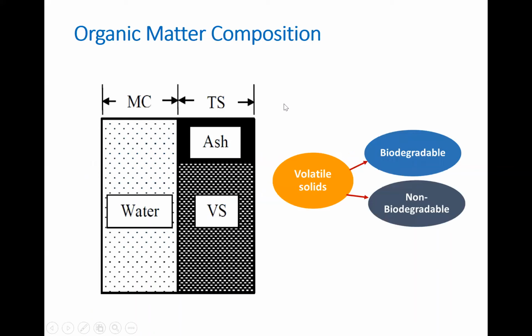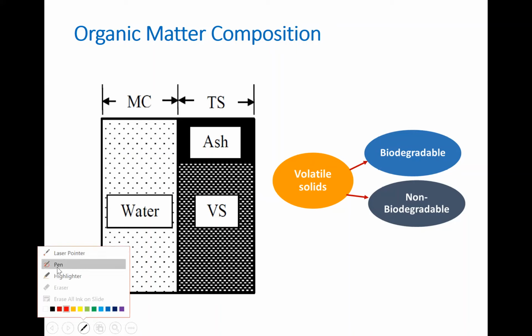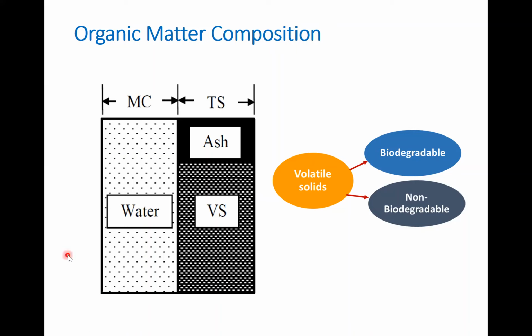If we look at the organic matter composition, we will find that it's composed of mainly two components: water and solid material. Water here represents the moisture content in the material, and the solids represent the total solids.